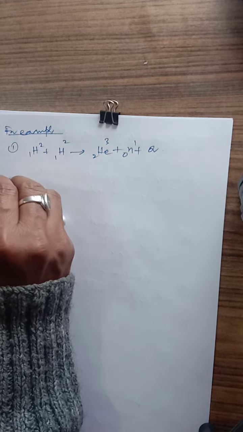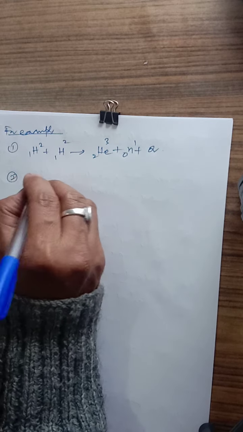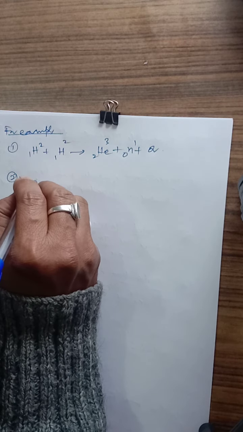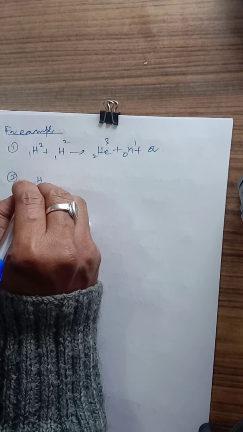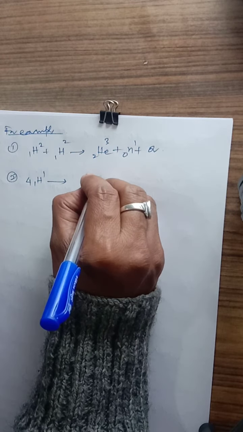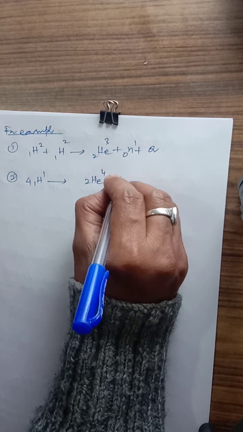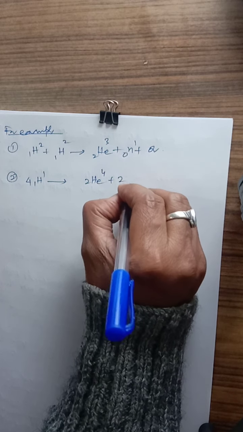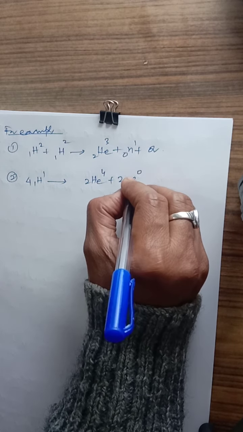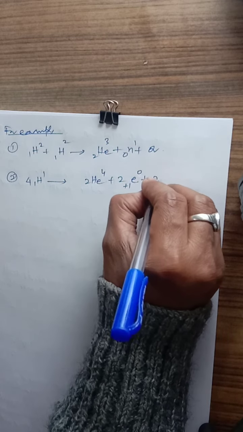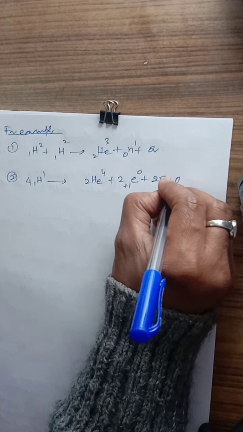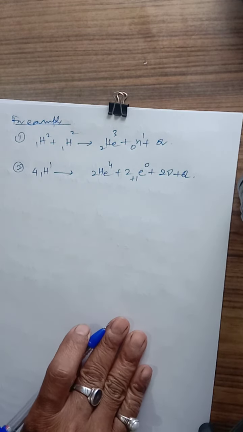This is the first example. The second example: when four hydrogen atoms come together, they give you a helium atom plus 2 positrons plus 2 neutrinos plus the amount of heat.